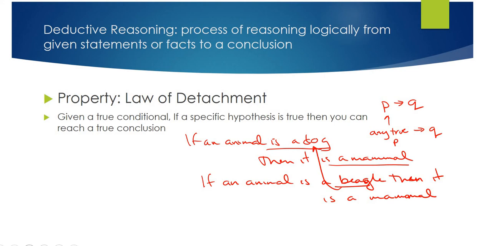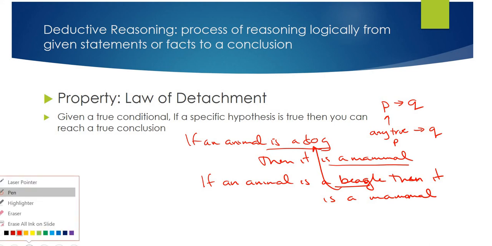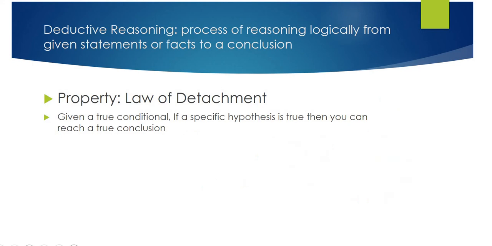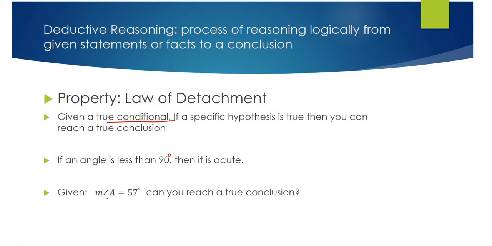Let's try another one. Let me erase that one, so if you need to pause to write it down. Okay, so let's take a look at this. If an angle is less than 90 degrees, then it is acute. That's a true conditional. So if I say, given the measure of angle A is 57 degrees, can you reach a true conclusion? Does this specific information agree with my hypothesis?